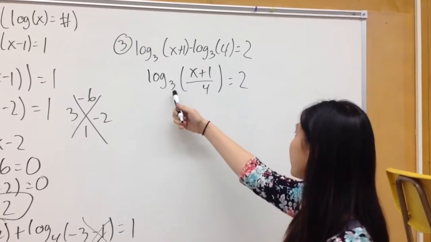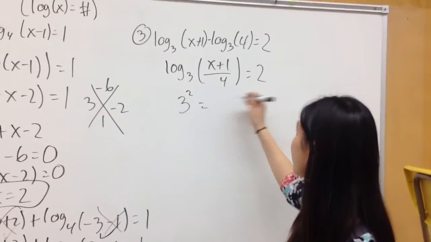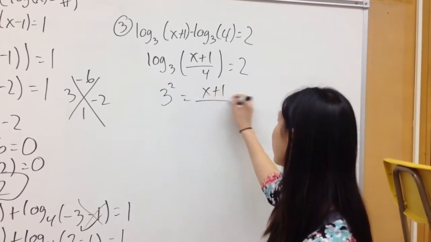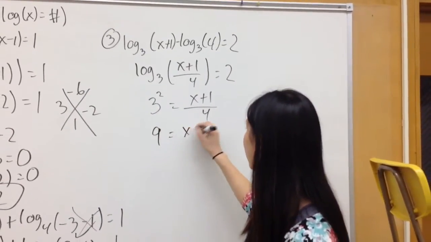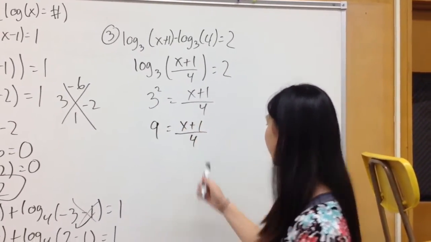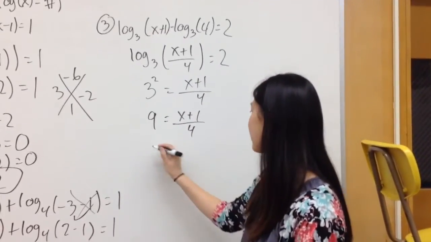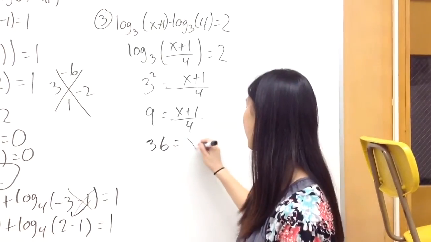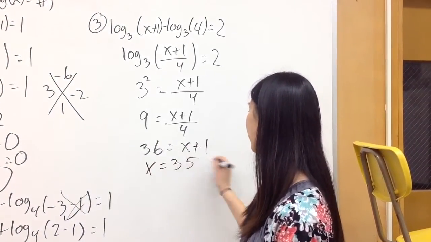So once more, I'm doing exponential form. This is going to be 3 squared is equal to x plus 1 over 4. 3 squared is 9. And we need to solve for x again. So we're going to multiply both sides by 4. So that's going to be 36 is equal to x plus 1. Subtract 1 from both sides, I get 35.